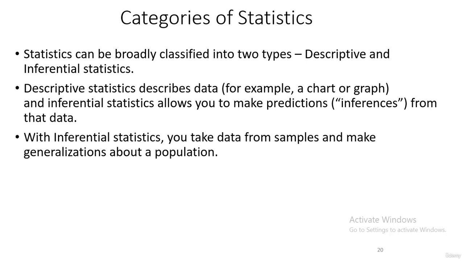With inferential statistics, you take data from samples and make generalizations about a population. Just now you have seen population and sample. In inferential statistics you take data from the samples and make a conclusion about a big population.